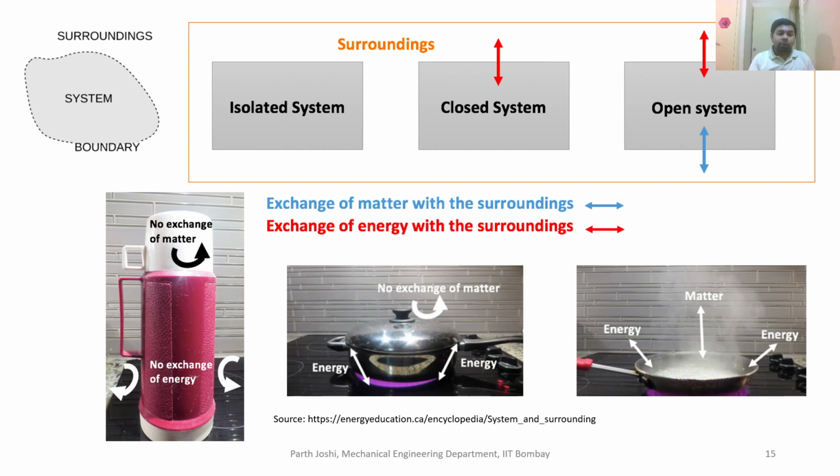Now we have the example of a thermos flask, which is tightly sealed and does not allow any exchange of matter or energy. That is an example of an isolated system. These are the same three classifications, the same terminology that we come across in this course, and which we would generally come across in thermodynamics. I wanted to cover this so that you can apply that analogy similarly.